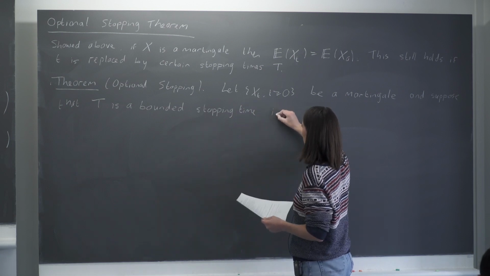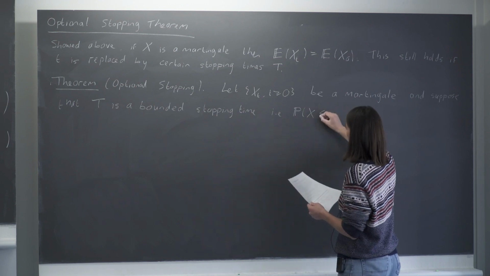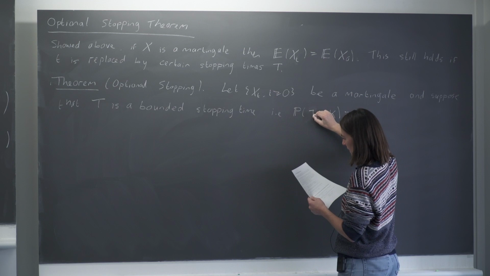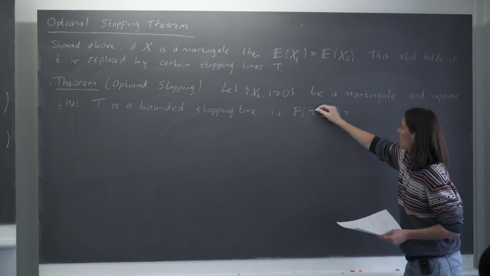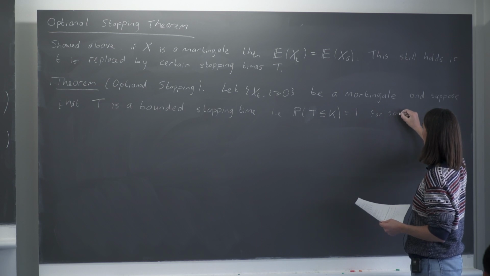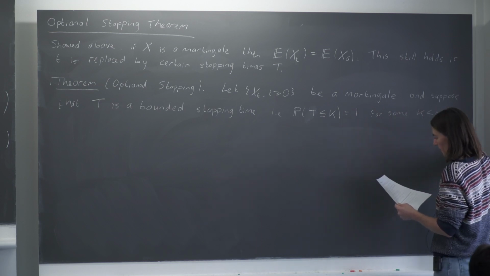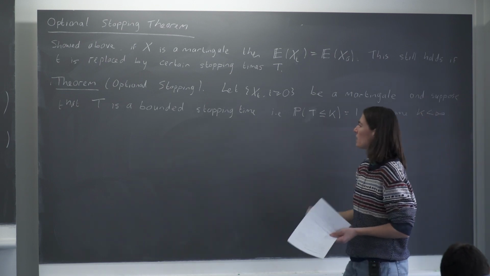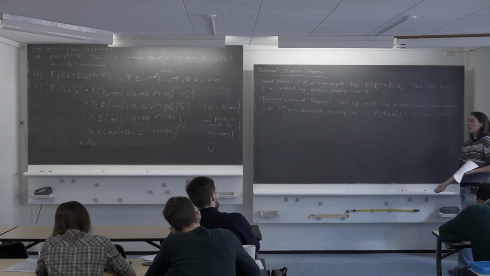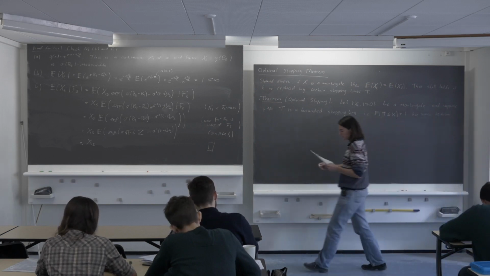So what does that mean? That means that the probability that T is less than or equal to k is equal to 1 for some finite k. So in other words, it's a stopping time, but I know it's going to happen by a certain time. So for instance, I know it's going to happen before time 5 or something like that.